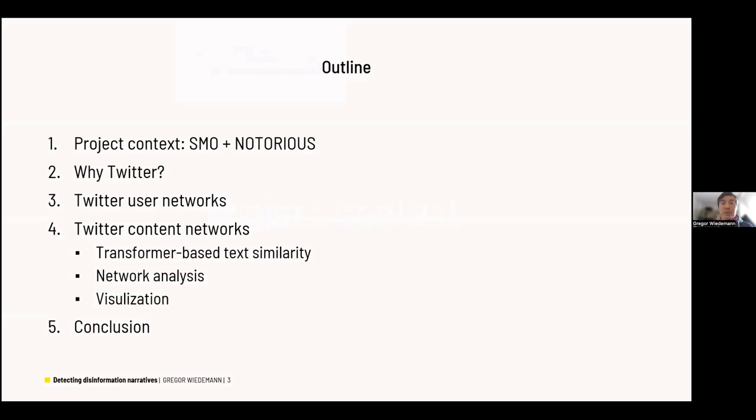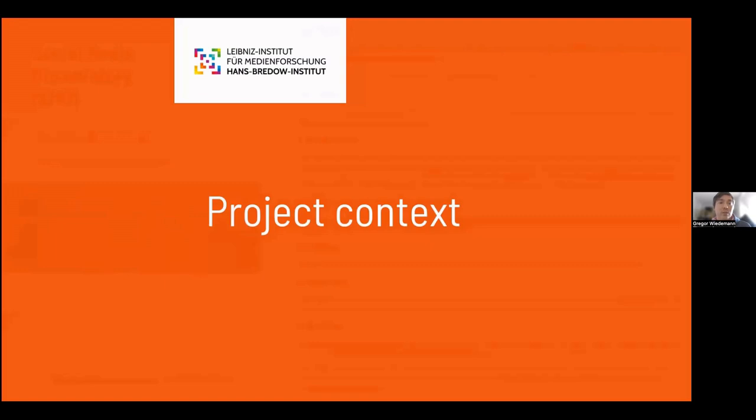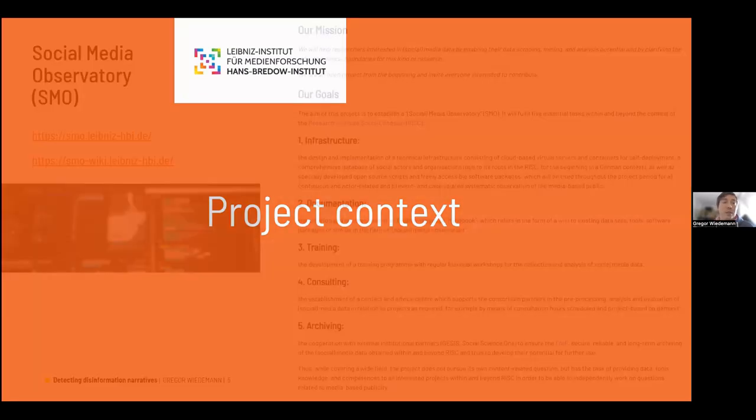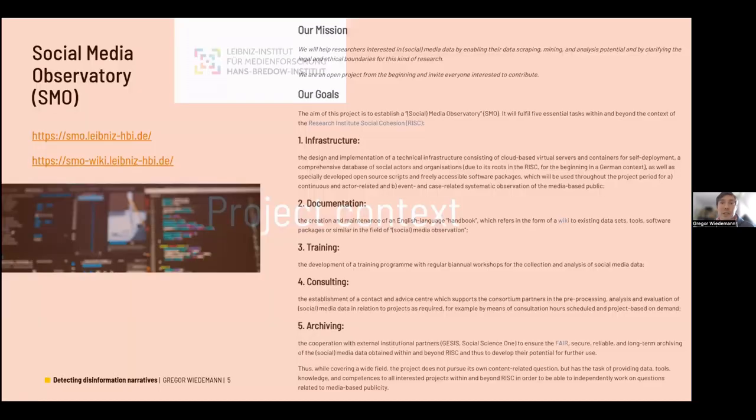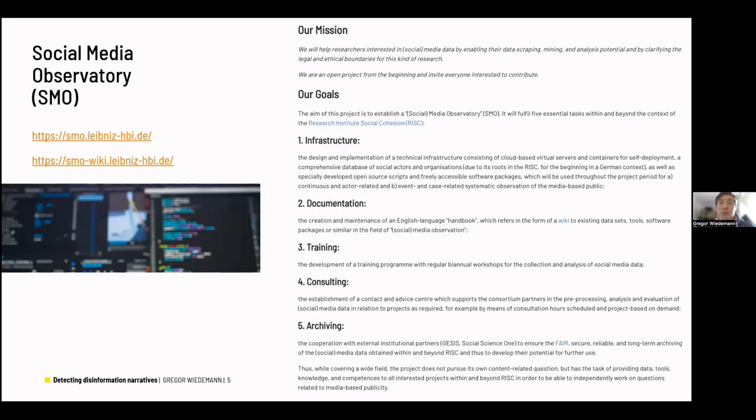The project context of this whole work is two main projects. The first is the Social Media Observatory. That is an infrastructure project at our institute, where we want to systematically monitor social media communication of so-called public speakers. We built an infrastructure where we, for instance, collect lists of public speakers.